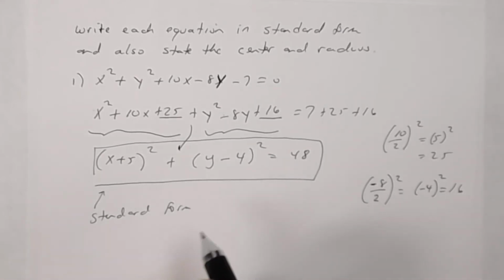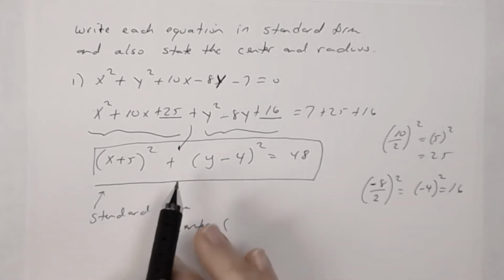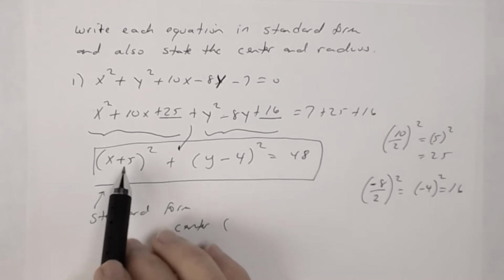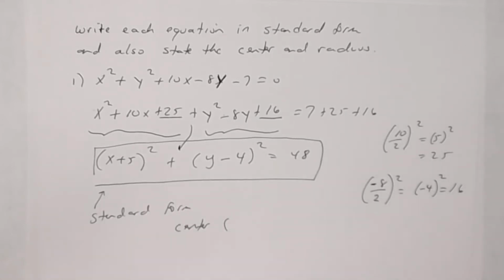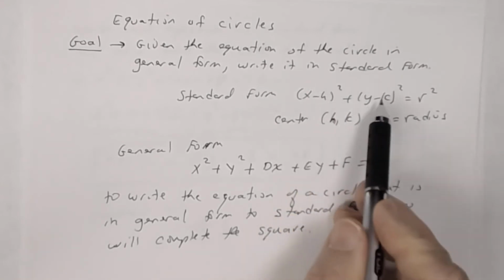Now, they did ask you to state the center, so remember how to do that. Don't say x, 5, negative 4, you know that's incorrect. So remember, it's got to be x minus h, y minus k.